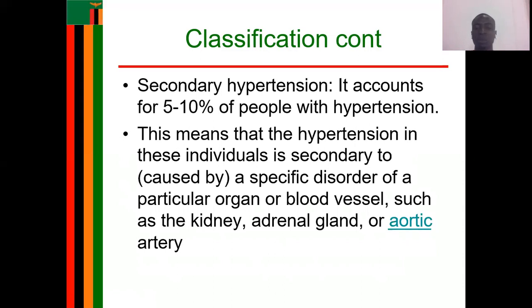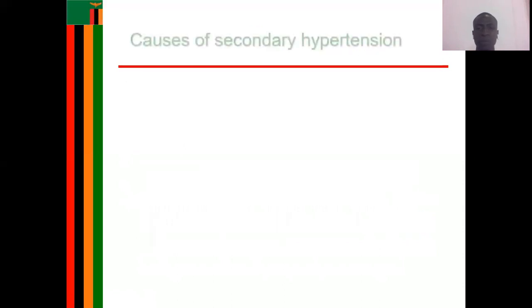When you have any effect on the kidneys and the adrenal glands, you tend to have this type of hypertension.